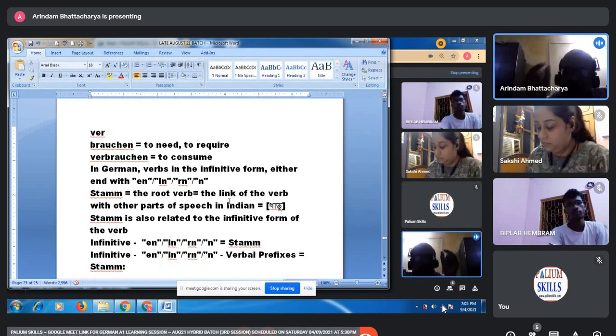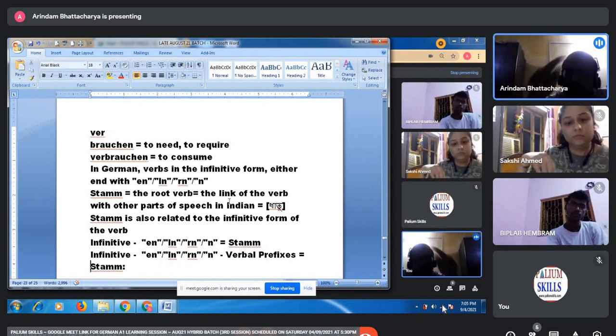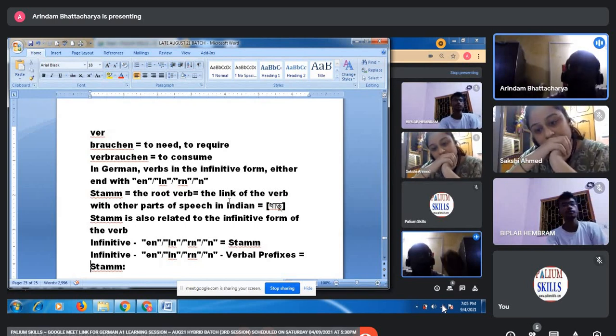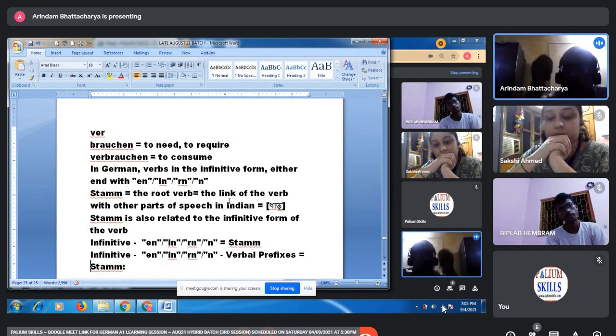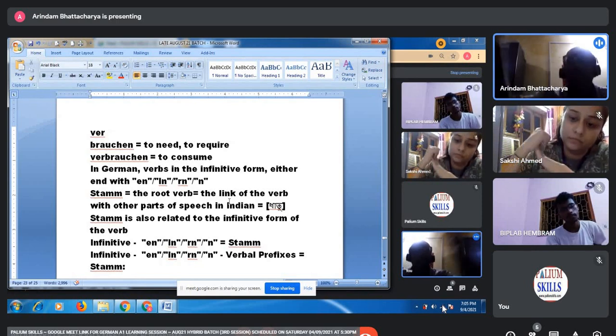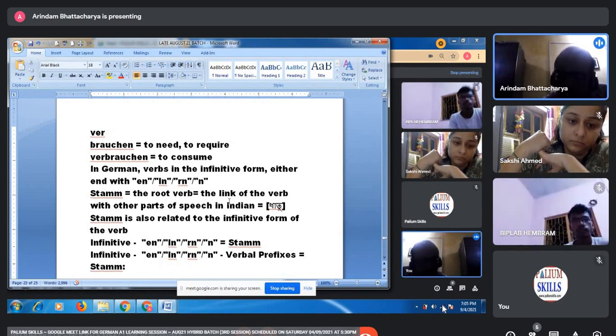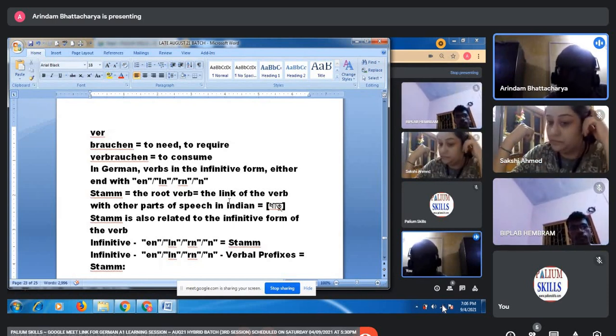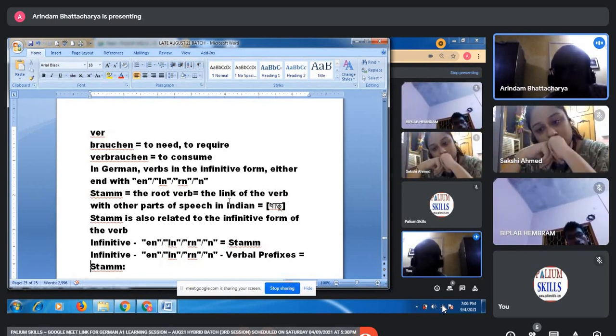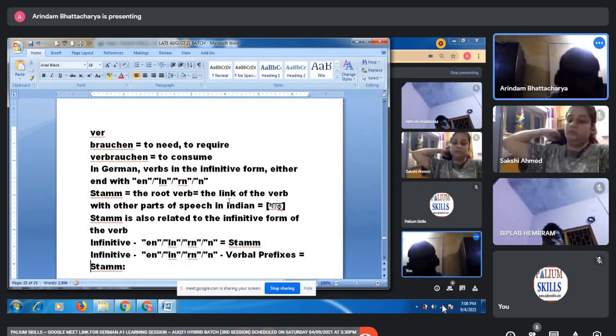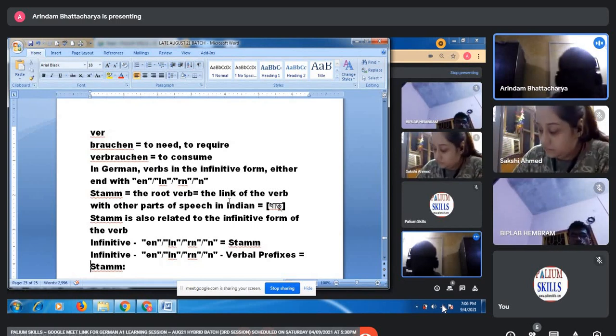That is the dhatu, the root verb, as we call it in Hindi or Bengali. That is the link between the infinitive form of a verb and different parts of speech, that is, words derived from that particular verb and related to it, not only nouns, but adjectives, adverbs, and so on.